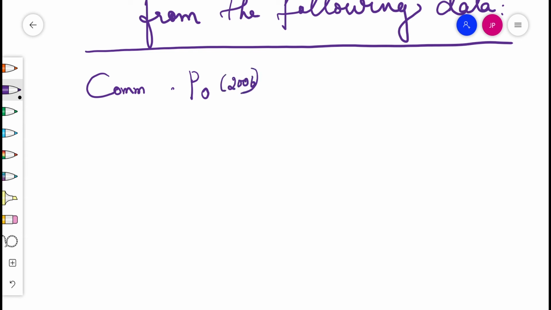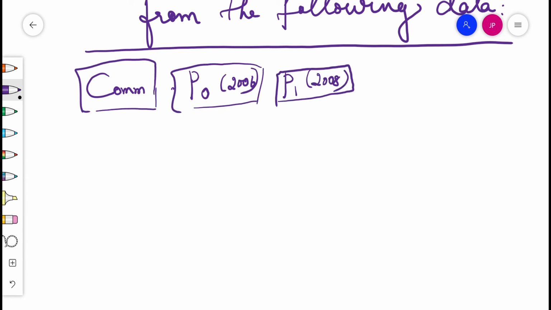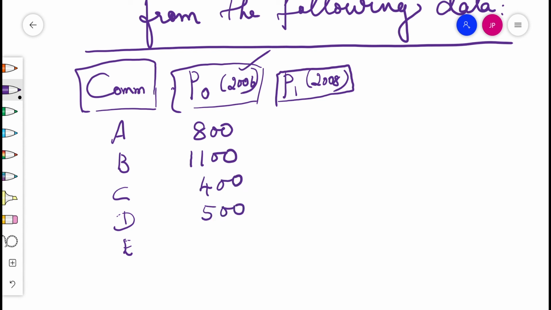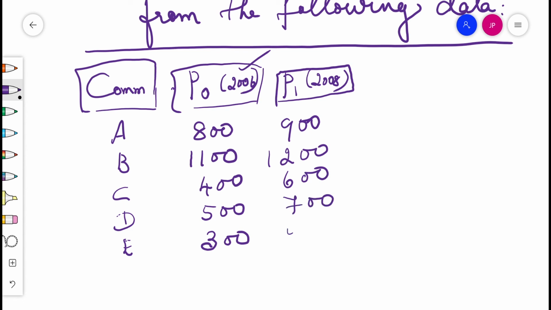Third column price P1, that is of 2008. Commodities A, B, C, D, E. As 2006 is the base year, P0 we can name it 800, then 1100, 400, the next one 500, that is 300. P1, the first one is 900, 1200, 600, 700 and 500.